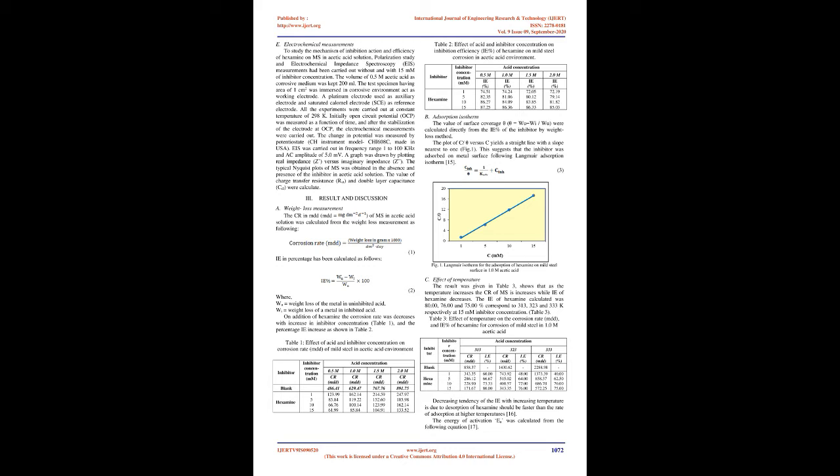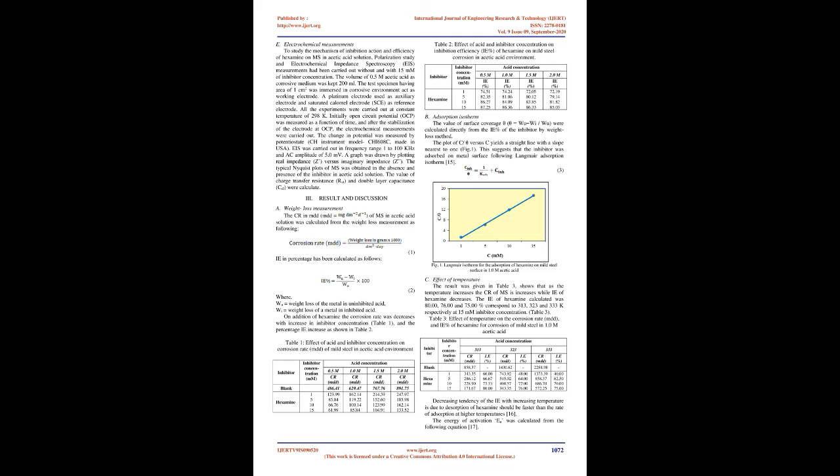2. Experimental. A. Preparation of sample and solution. The test specimens of size 4.5 × 2.0 × 0.2 cm, having an effective area of 0.2097 dm², were prepared from MS having chemical composition of C = 0.25%, Mn = 0.5%, Si = 0.35%, P = 0.09%, S = 0.07% and Fe = 98.74%.